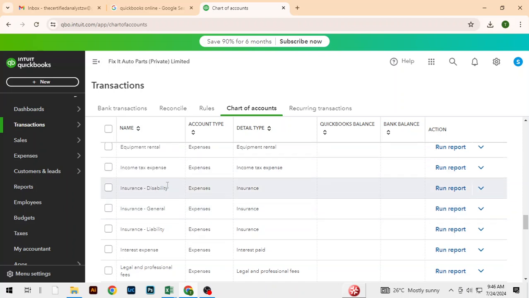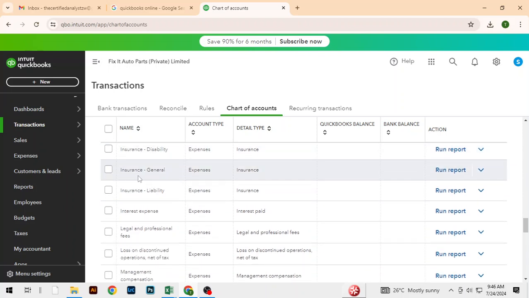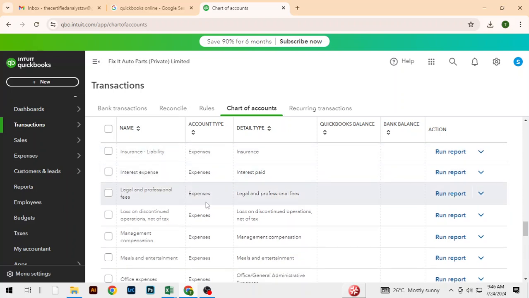And insurance, general, liability, and interest expense. This is when you pay interest on debt that you have borrowed. And then legal and professional fees. This is when you are involved in a legal battle and you hire some legal professionals, you have to account for the money that you pay them using this account.